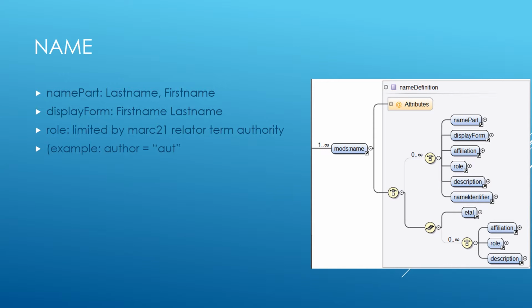I limited this by the MARC 21 relator term authority, which describes the relations between a creator type person and a work. And for pretty much all the instances, I use AUT, which stands for author, of course. That's an example of the MARC 21 code for relators.